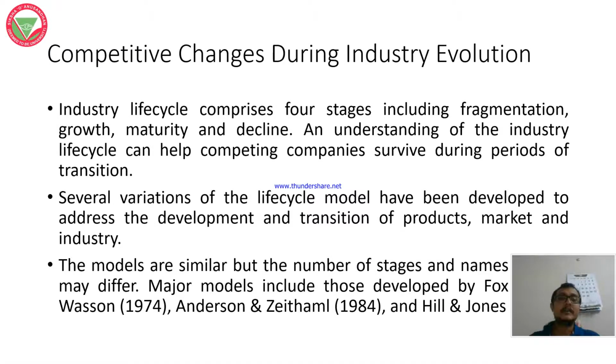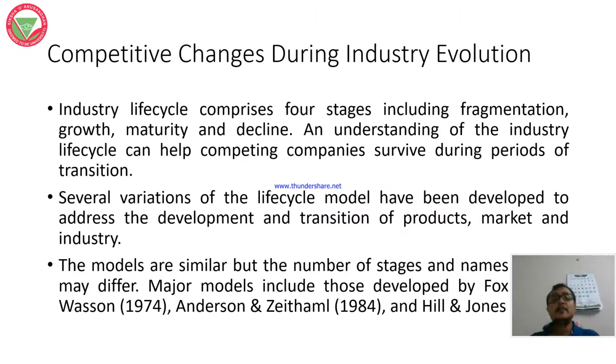So if you see, the industry life cycle comprises 4 stages including fragmentation, growth, maturity and decline. If you remember, in our product life cycle there were again certain stages: introduction, growth, maturity and decline. So as we discussed, these are almost the same.